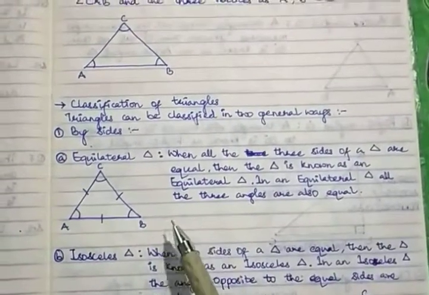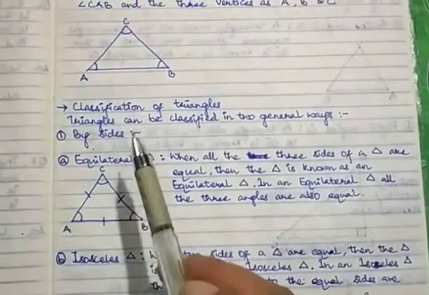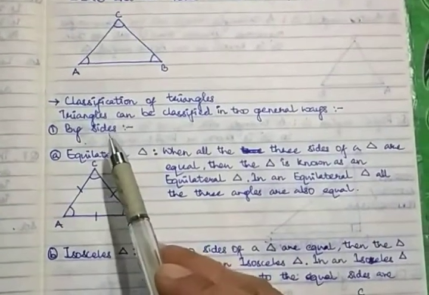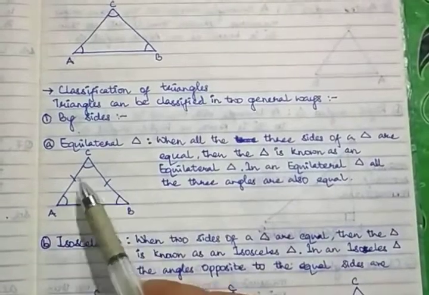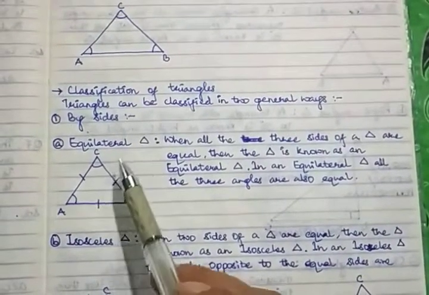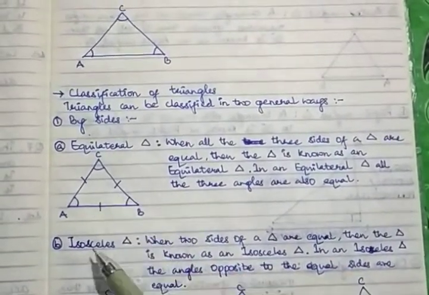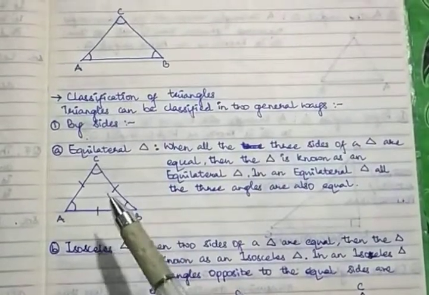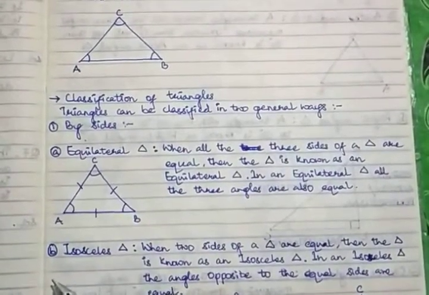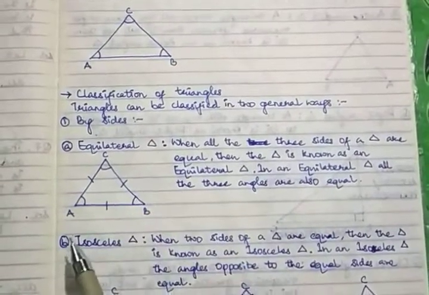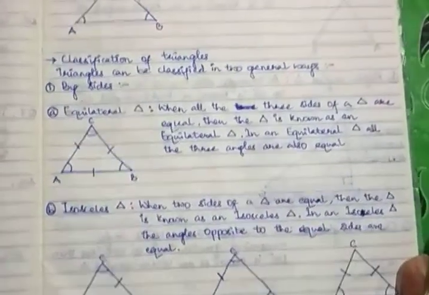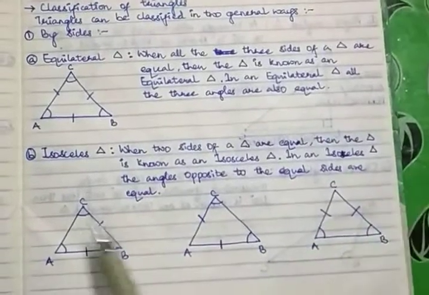But since we are classifying by sides, at first we have to say that when all three sides of a triangle are equal, it is known as an equilateral triangle. Afterwards, in an equilateral triangle, all three angles will also be equal. All three sides equal means it's an equilateral triangle. Remember that.